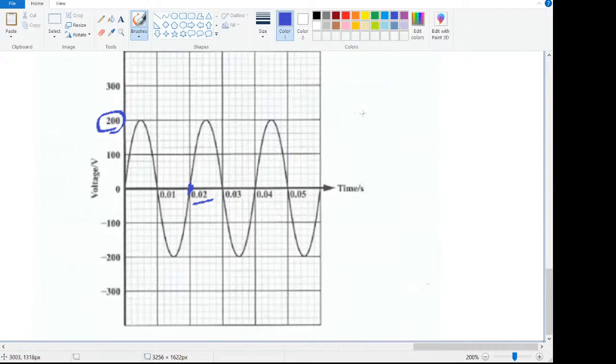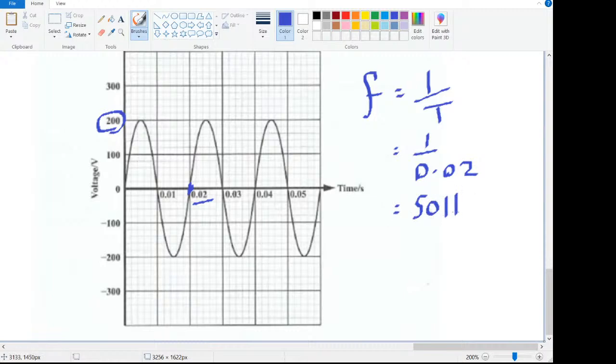To calculate the frequency is easy. Frequency is 1 over the period. So that is 1 over 0.02, which is 50 hertz. So that's the first part.